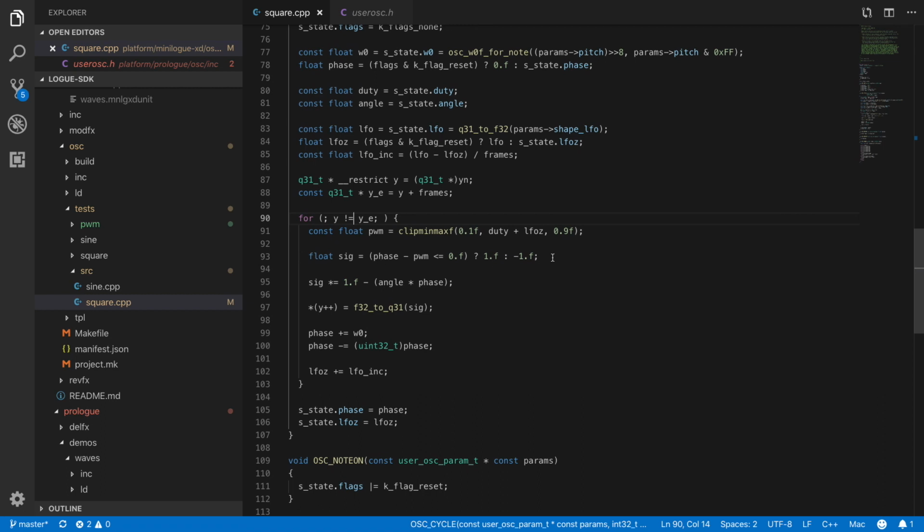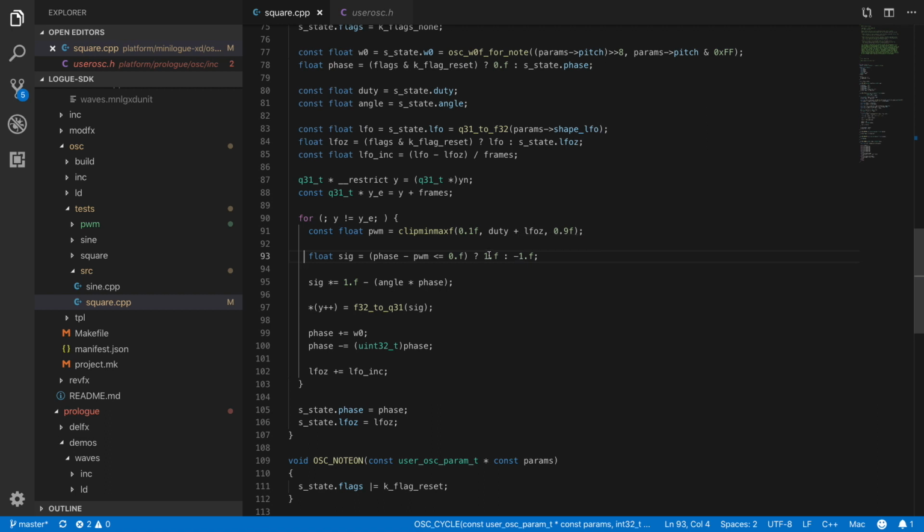Now this is the actual oscillator here for the square wave, and its result is called the signal, sig, and it's also an if-then-else statement. So if the phase minus PWM is less than 0, and we will see when this is the case, return 1, otherwise return -1. The result of the signal should be in the +1, -1 range if you want to have a clean waveform.